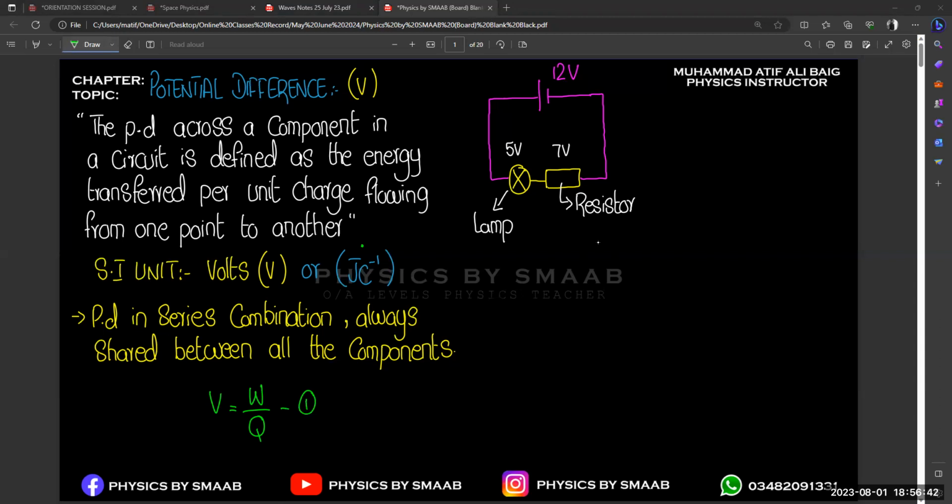Okay, so this is the basic formula that we already discussed, V equals W upon Q. And the next thing is related to electrical power, right? We also know the concept of electrical power, because now we are only talking about the basic terms.